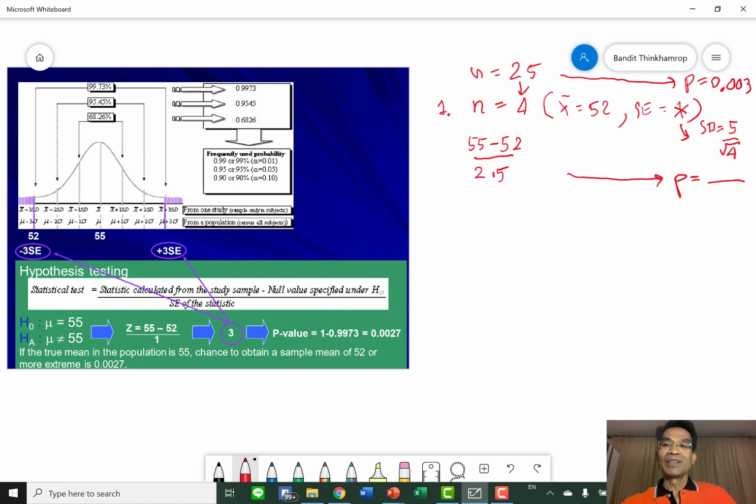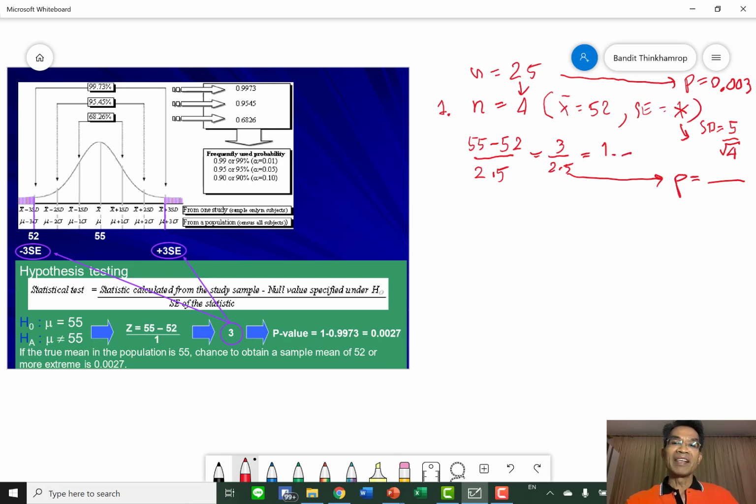Okay, so it is the 3 kilogram difference divided by 2.5. So it's equal to 1 point something.